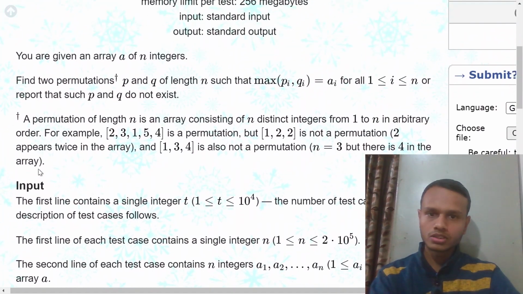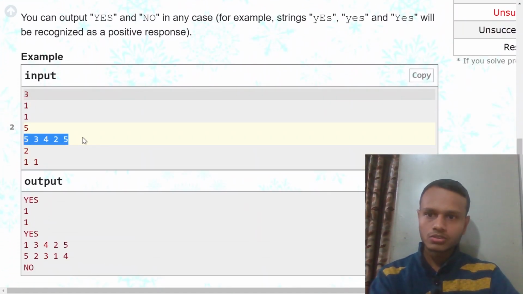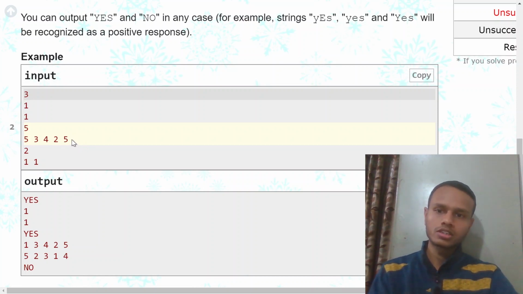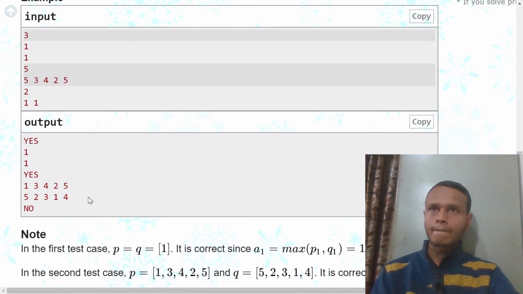Okay. So the first thing is that in this case, since 5 is occurring 2 times in this array, one time 5 has to be in the P array and the other time it has to be in the Q array, and the positions or the indexes should not be the same, right?